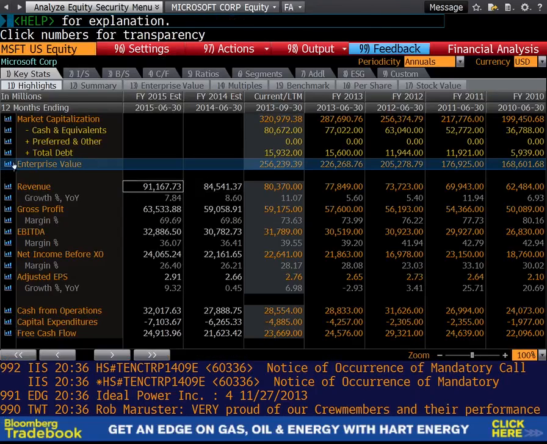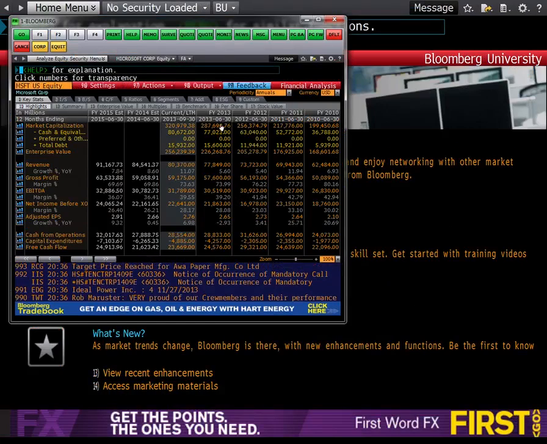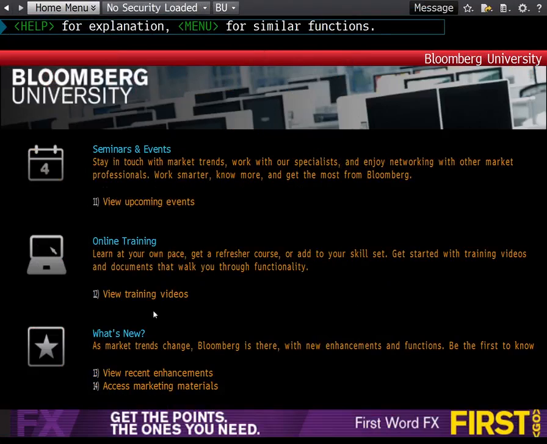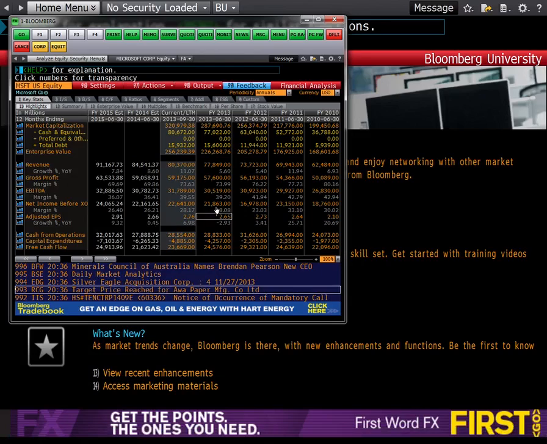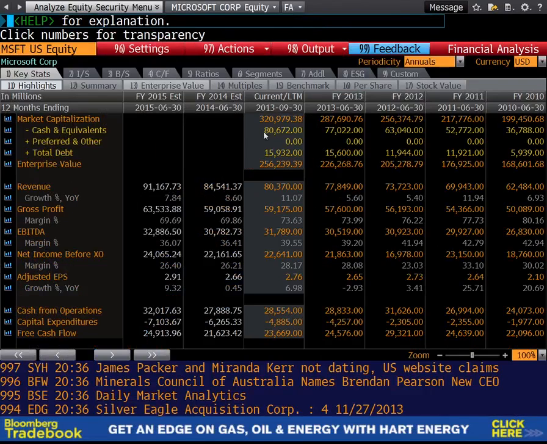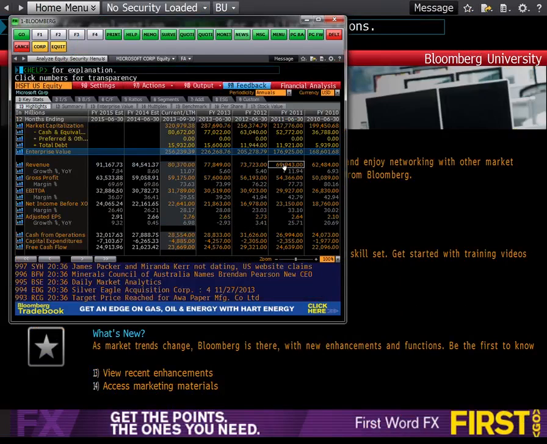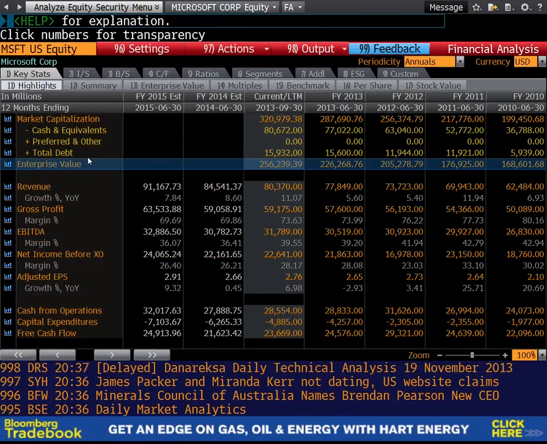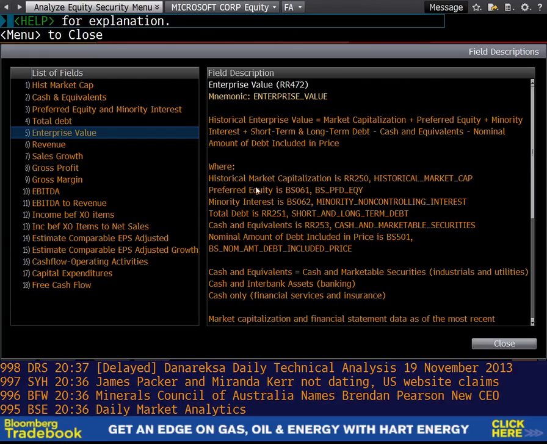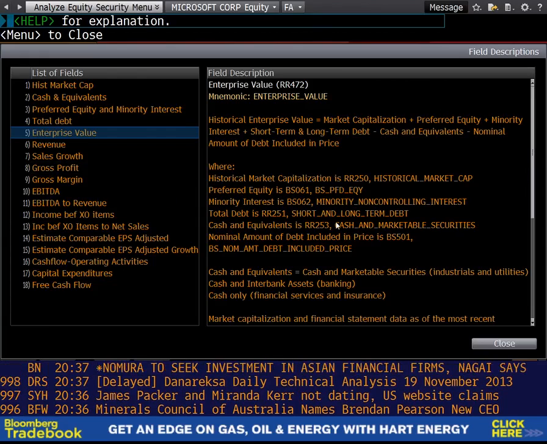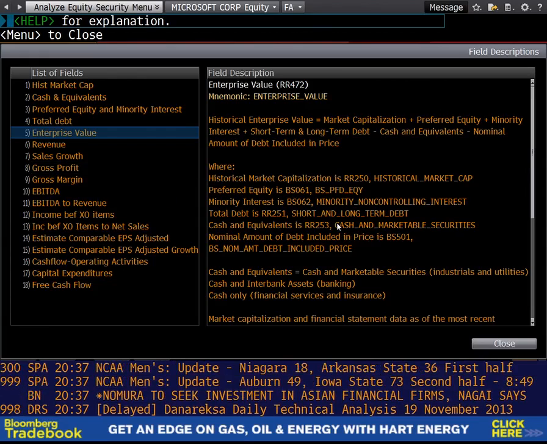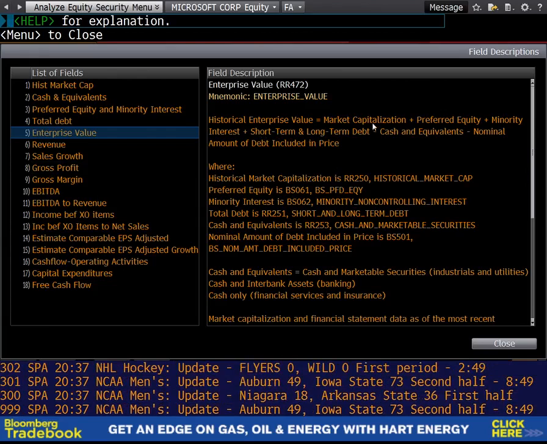If I click on a number for enterprise value, if I right click and click on definition, it'll show me the definition of how Bloomberg calculates enterprise value. But specifically, it's right here.